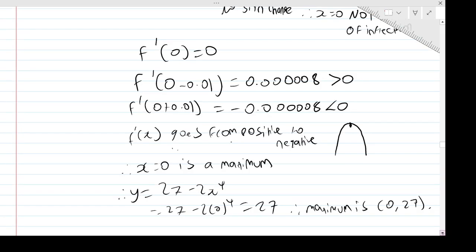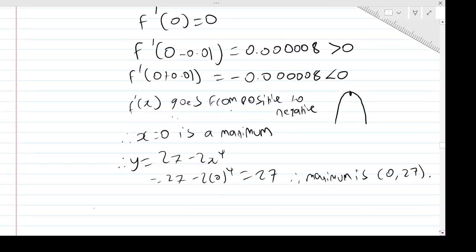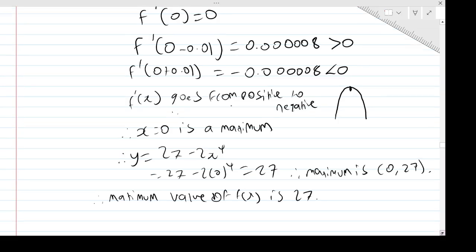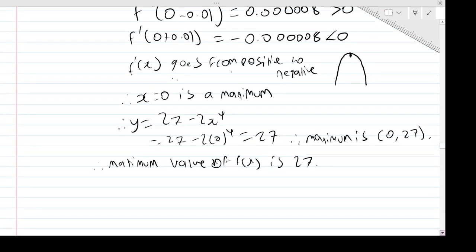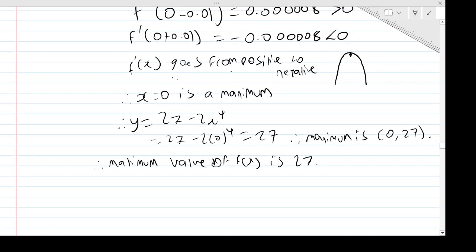So then therefore the maximum value of the function is the value at the maximum point. So it's going to be 27. Okay. And so that's it then. So the maximum value is 27.